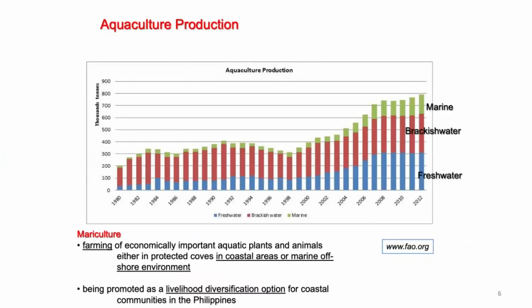There is an increasing trend towards mariculture in the country because there is no more space for brackish water and freshwater aquaculture. Also, mangrove conversion to aquaculture ponds is no longer allowed. Moreover, mariculture is being promoted as a livelihood diversification option for coastal communities in the Philippines.